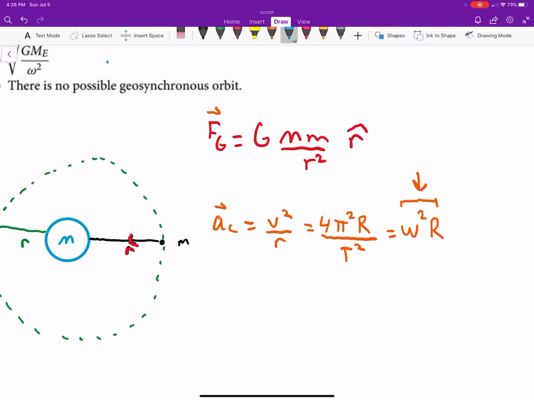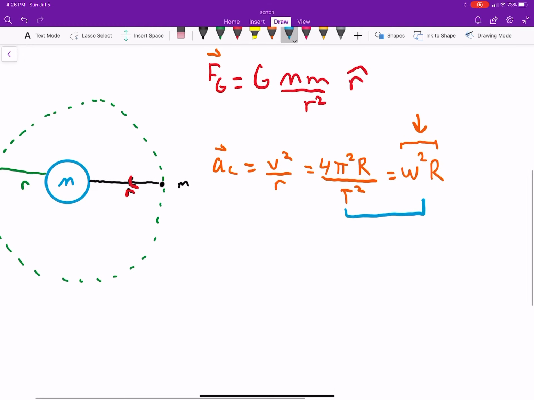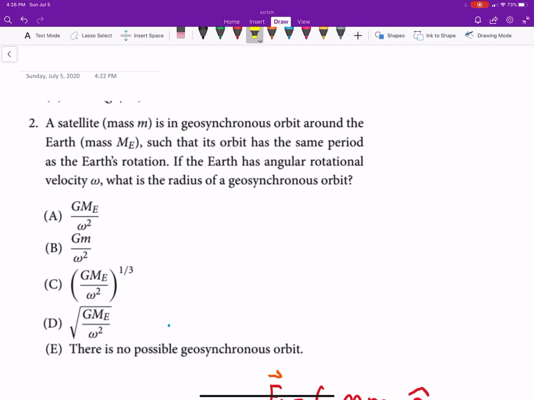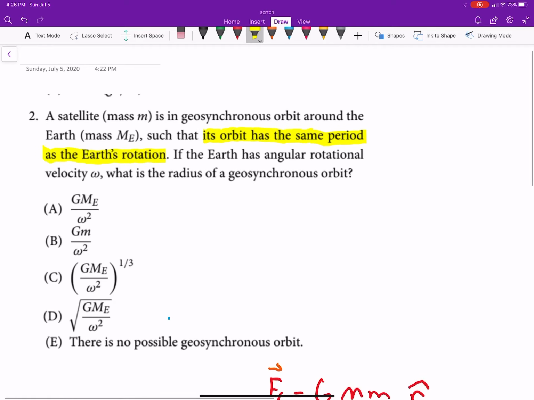Okay, well, the first thing is I'm going to look at these two equations and solve for T. 4 pi squared r equals omega squared r T squared. The reason I'm doing that is because the problem mentioned that its orbit has the same period as the Earth's rotation. In other words, their T's are the same, because that's what the period is.